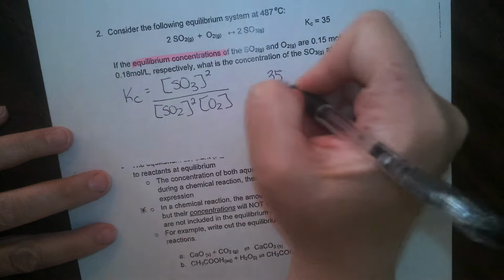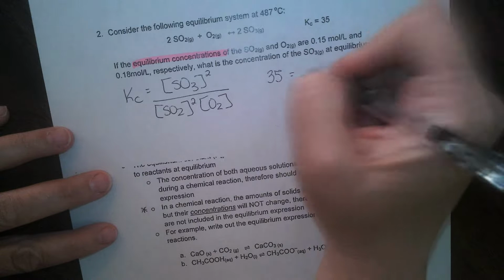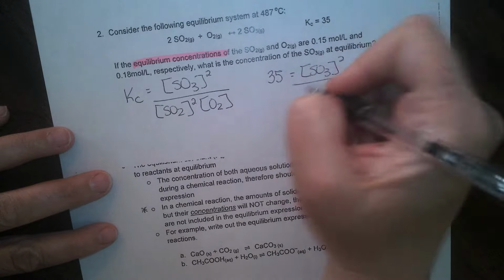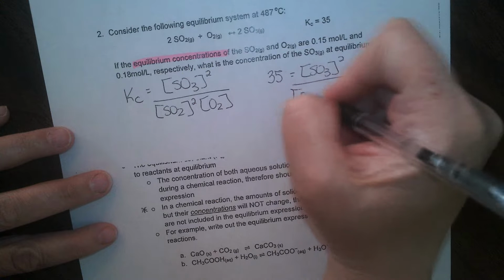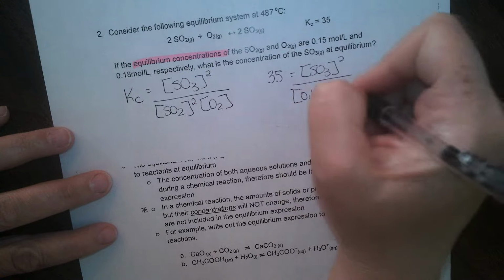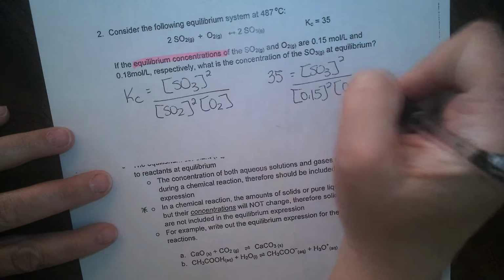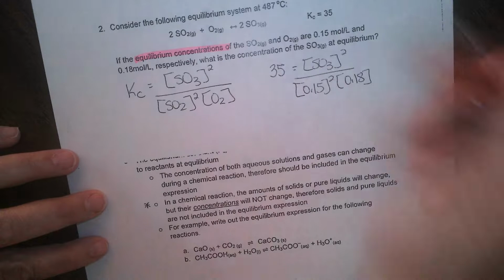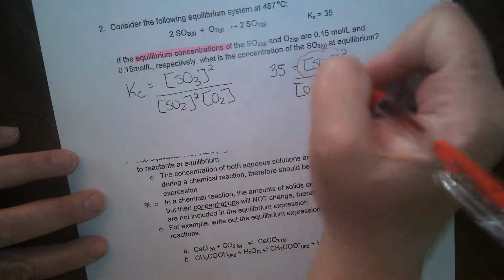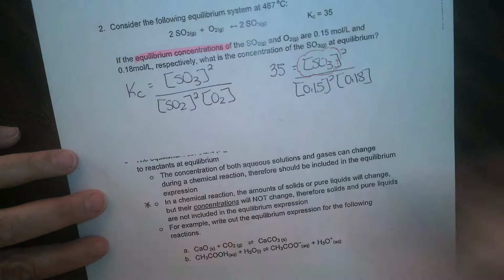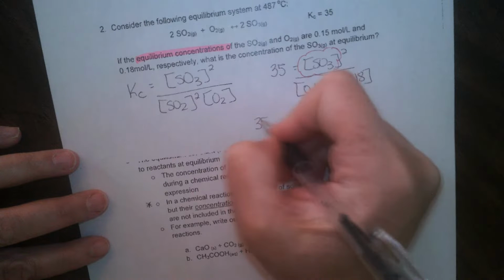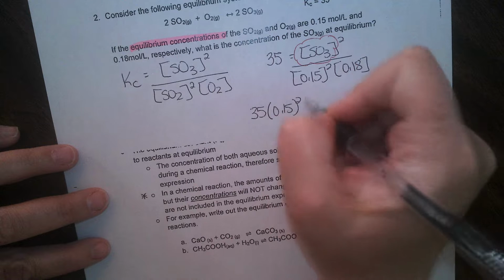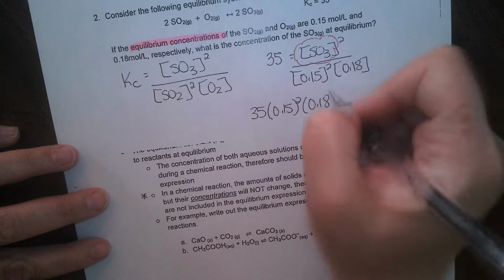So we would have 35 is equal to SO3 squared divided by 0.15 squared multiplied by 0.18. And I am looking to solve for this. So I'm going to go 35 multiplied by 0.15 squared multiplied by 0.18.